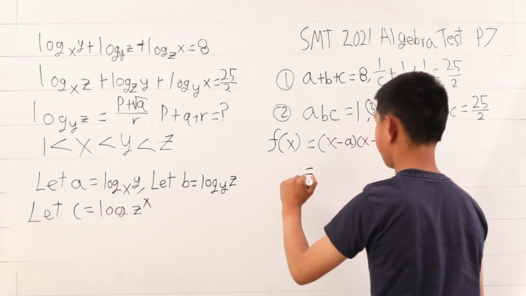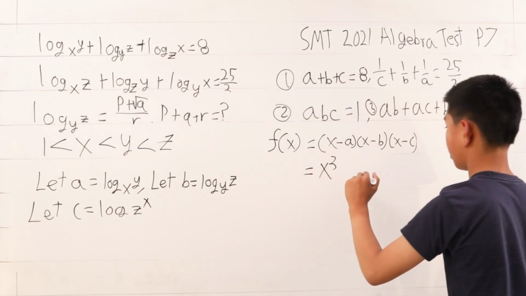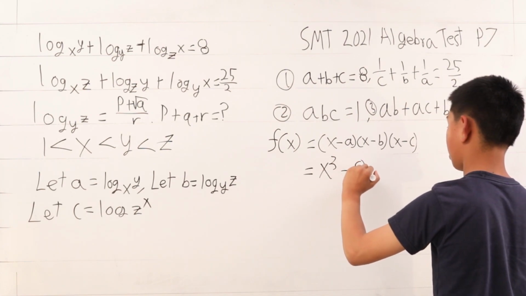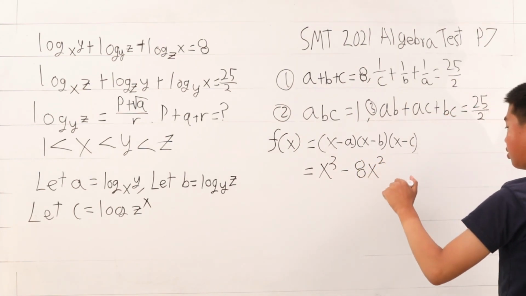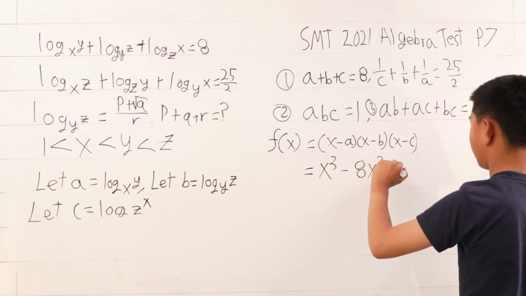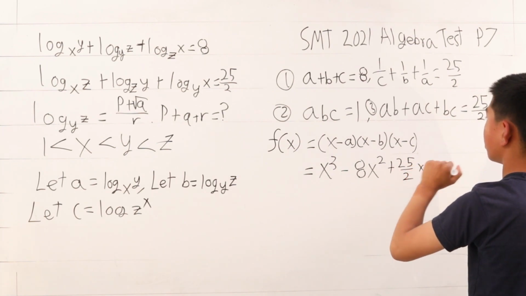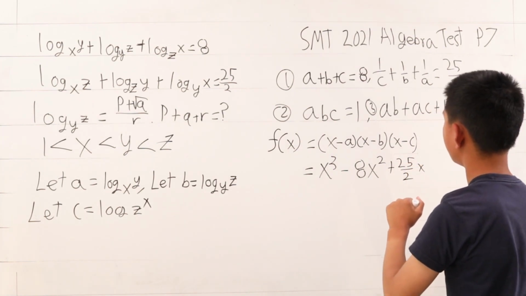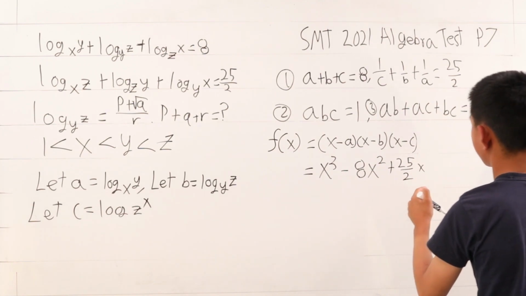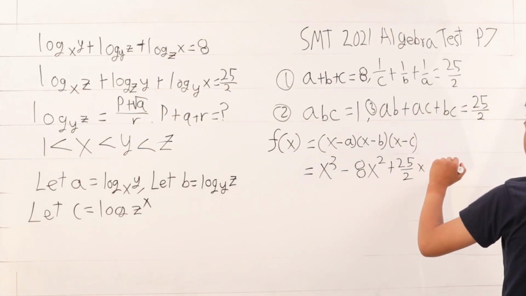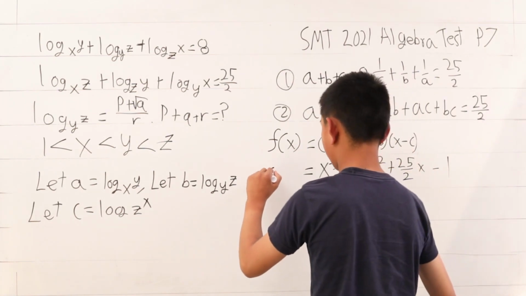So f of x is equal to x cubed, as I explained, minus 8x squared, plus 25 over 2 x. Wait, is that 25 over 2? C over A. Yeah, that seems correct. And then finally, subtract 1 right here. And this is still f of x.